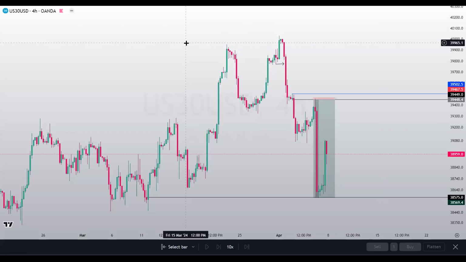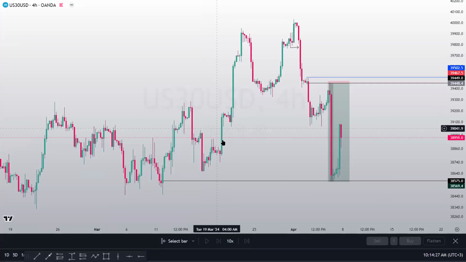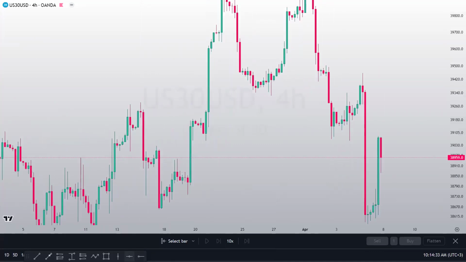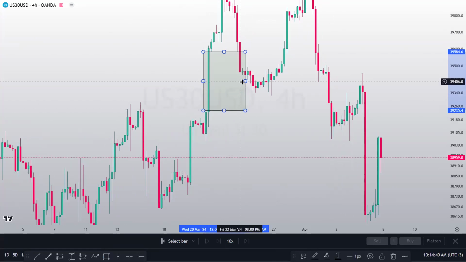So let us talk about the US30. On the US30, I remember we took an entry also based on the imbalance, which was located somewhere here, on this previous good momentum activity, as you can see.